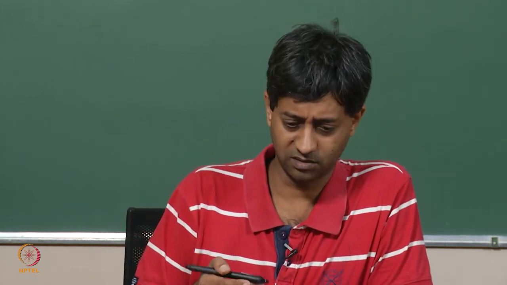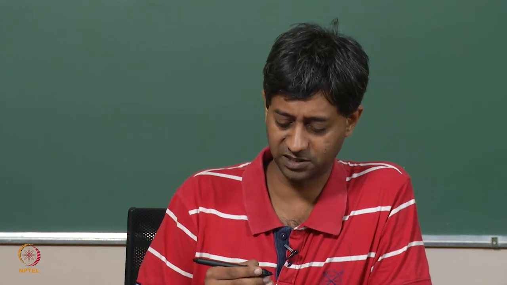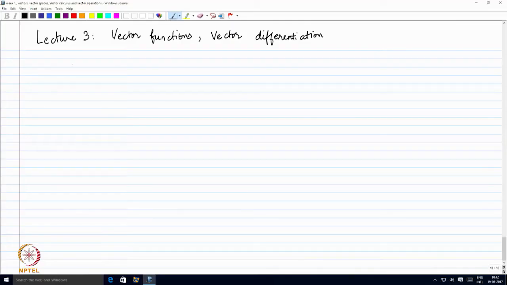Now, we will start with vector functions. The idea here is the following. Suppose you write something like f of x. What we say is that f is a function of a scalar x, a scalar variable x.